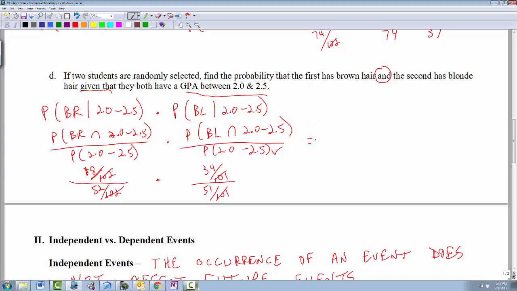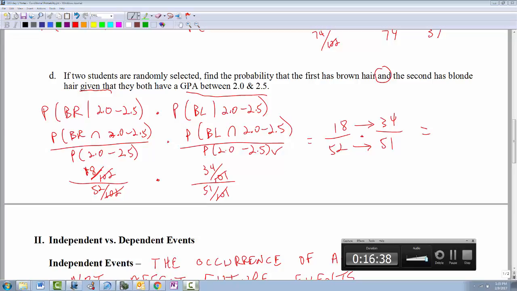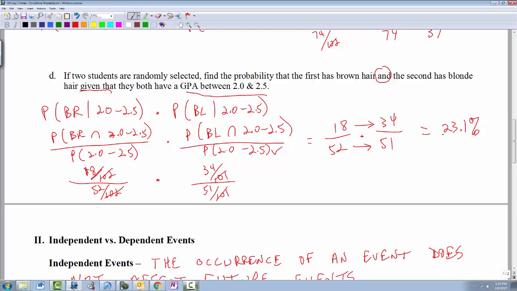These are always going to cancel, so really it's 18 out of 52 times 34 blondes that are in that 2.0 to 2.5 list divided by 51 leftovers. All right, and then you can multiply across, and then divide and just get that as a decimal. Don't rack your brain about making this a fraction that's in its reduced form. That's what they agreed was the answer.